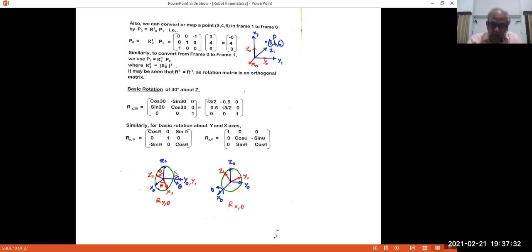And other things by inspection can be written as cos theta, minus sin theta, sin theta, cos theta in the first and third columns. Similarly, basic rotation about the x-axis: x1 is the same as x0, that's why you get the first column as 1, 0, 0, and the second and third columns you can find by inspection. You may check it for yourselves.